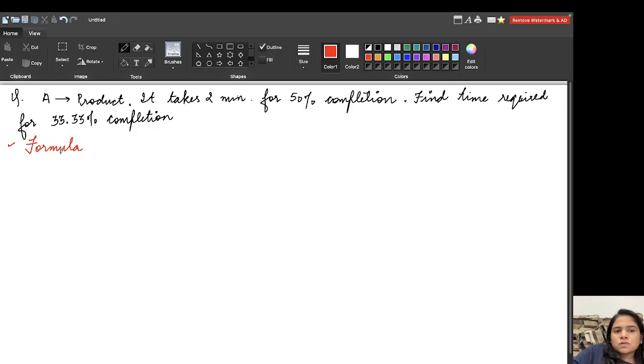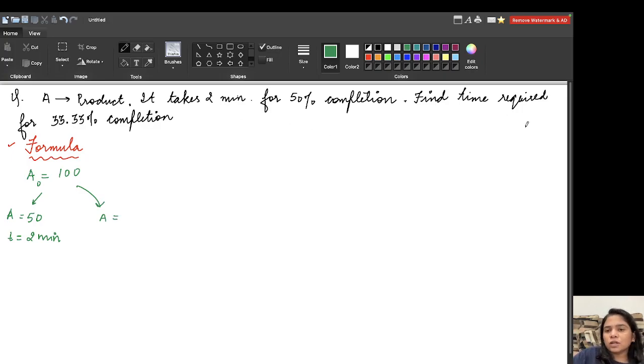So we'll first use the formula. Assume A naught equals 100. In the first case, A is equal to 50, 50% is completed and time is 2 minutes. In the second case, A is 33.33% completion.